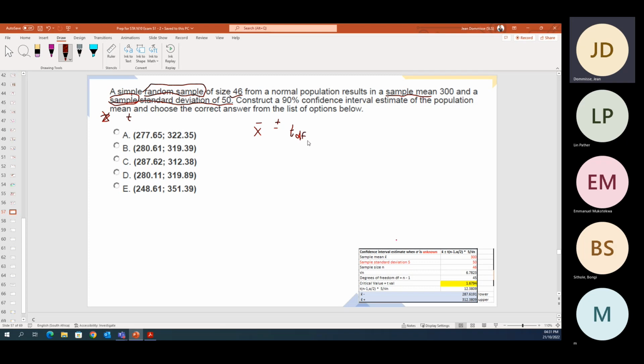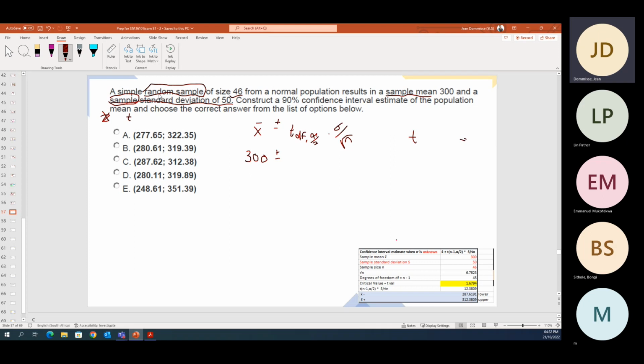the degrees of freedom first. Alpha divided by 2. And that multiplies by standard deviation divided by square root of n. Okay, so they tell us the sample mean is 300. Then we first need to work out what that t value is.